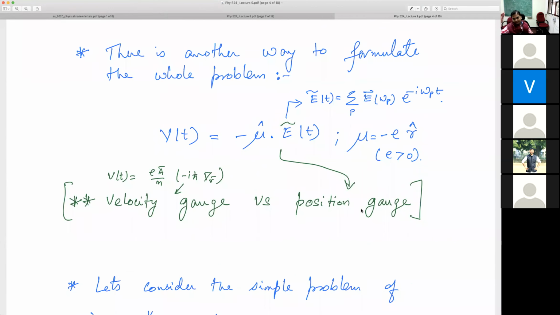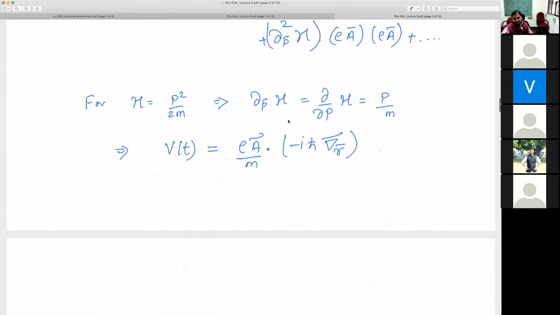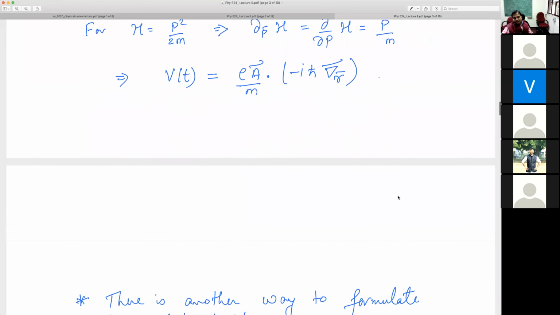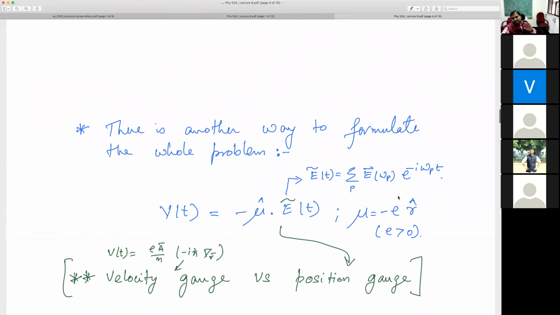In the velocity gauge I did minimal coupling. And I can choose another gauge in which the vector potential is completely zero, and light couples with matter explicitly by the scalar potential. That scalar potential will be given by the dipole of the atom times the electric field. So Vt you can write as minus mu times E tilde t.